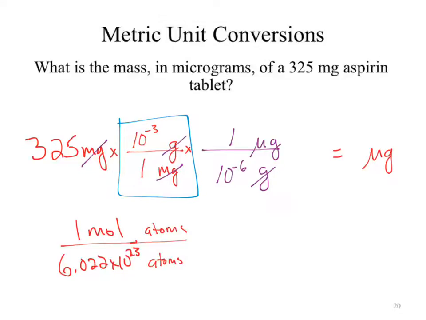Yeah, exactly like that kind of conversion factor. So you will now be using that conversion factor when you're calculating the number of atoms in a substance. You need to remember that one. I will not give you 6.022 times 10 to the 23rd. You will need to memorize that.